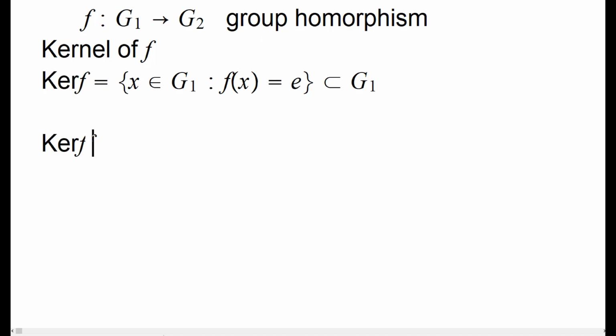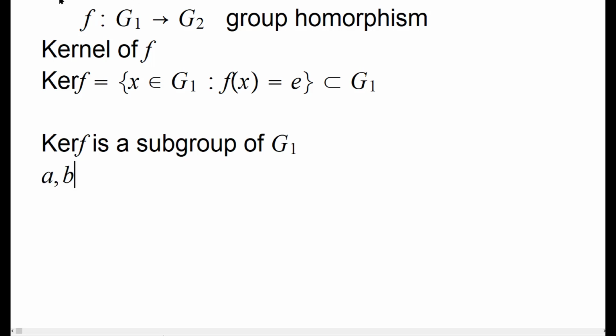So the kernel of f is a subgroup of G1. And what do we have to do to show that? Remember, all we have to do is, if we have a and b in the kernel, then we have to show that a b inverse is in there as well.